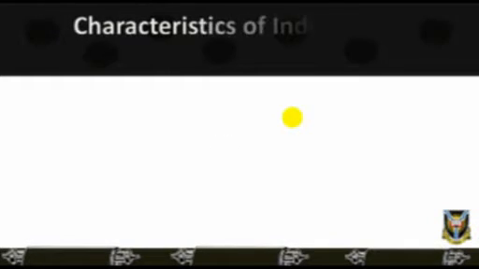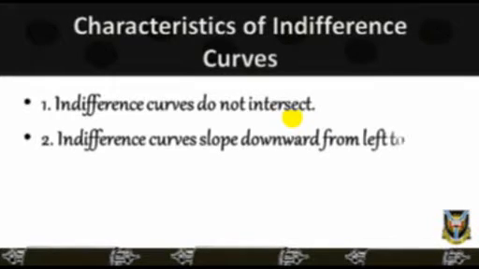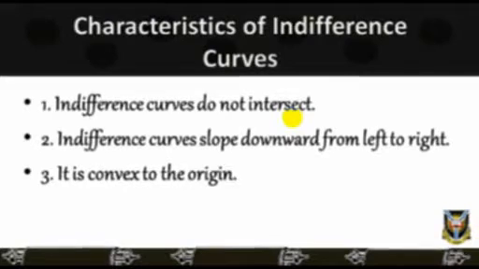Characteristics of indifference curves. 1. Indifference curves do not intersect. 2. Indifference curves slope downward from left to right. As the quantity of Y decreases, the quantity of X must increase. Otherwise, the same quantity of X and different quantities of Y will be equally desirable. 3.